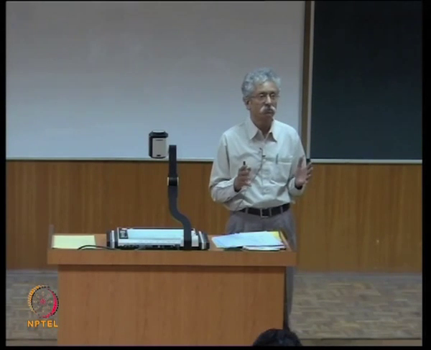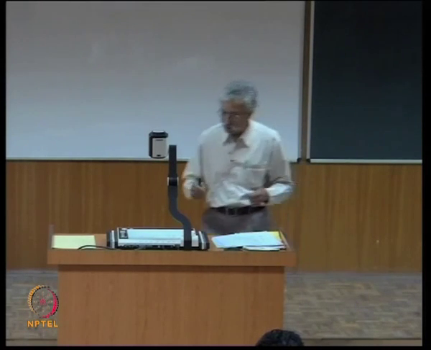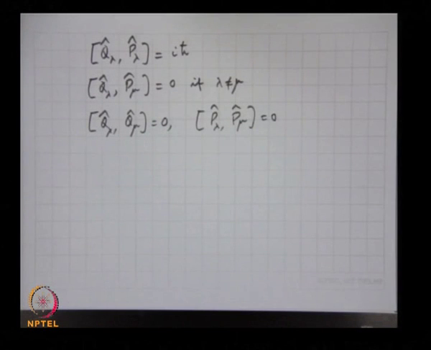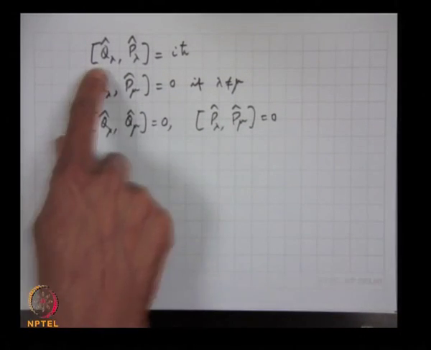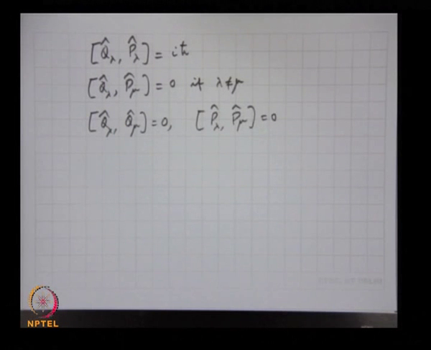Each mode acts like a harmonic oscillator. There is a complete formal analogy between the harmonic oscillator and the electromagnetic field, and the operators representing the harmonic oscillators are Q lambda and P lambda, which will give me the corresponding Hamiltonian, which will give me the corresponding electric field operator. All these operators will depend on Q lambda and P lambda operators.